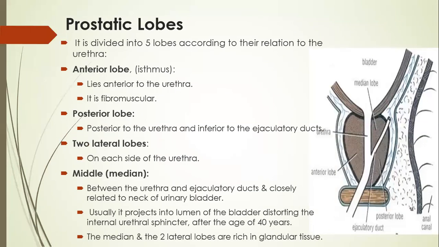Here you can see the plexus of veins around, and this is the covering facial sheath on either side, and inside we have the prostate. It is divided into 5 lobes according to their relation to the urethra.